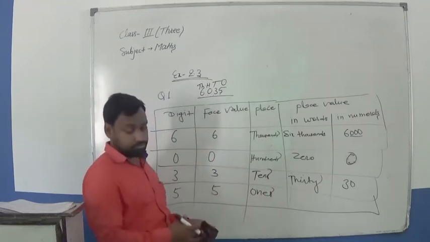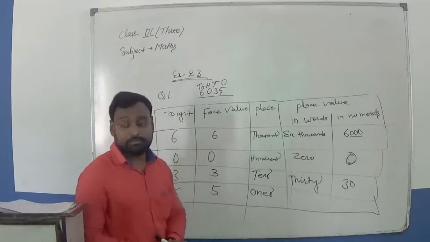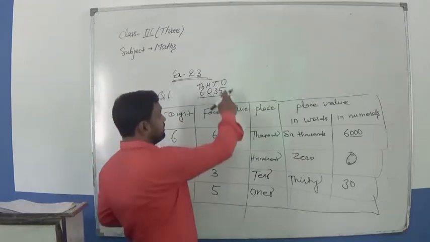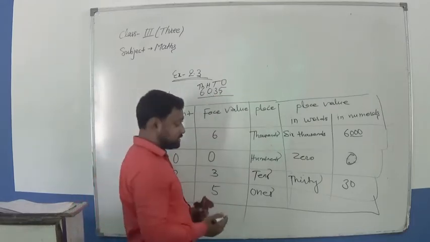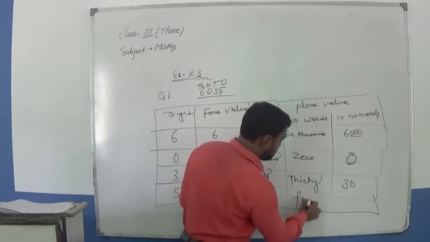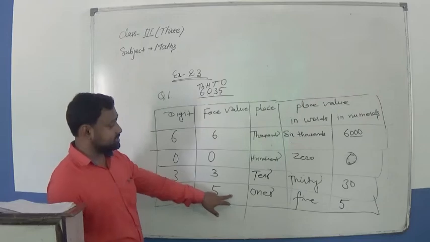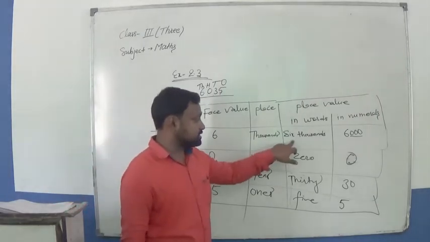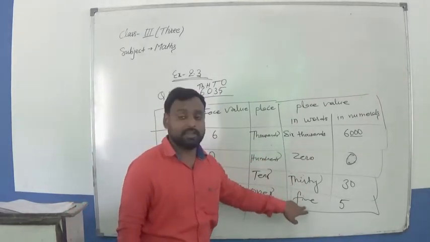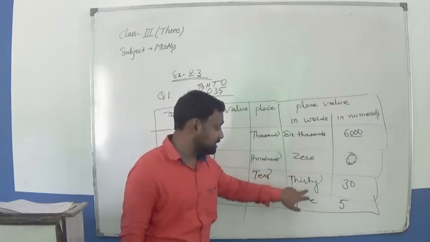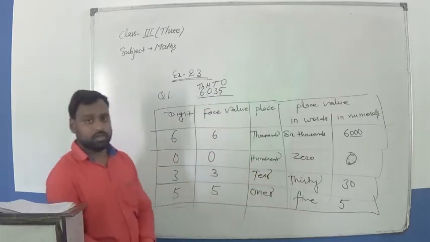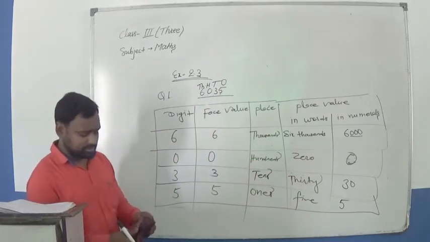I have just told you that face value and place value remain the same at the ones place. That's why here it is 5. Okay, in this way you can solve the exercise.